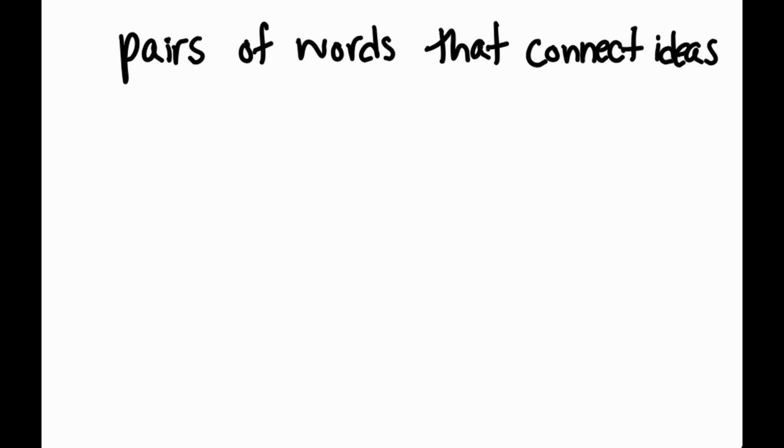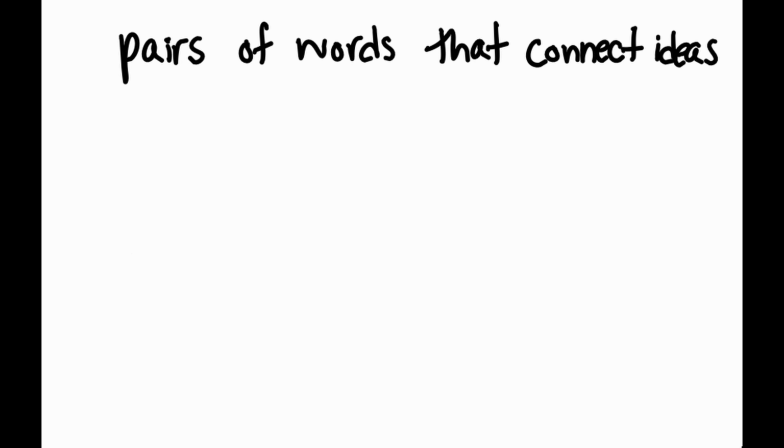Another thing that, again, is not picked up on too often, but they have to be used to connect two equal structures. And what does that mean? That means you need to connect them between words or phrases that are identical in structure.